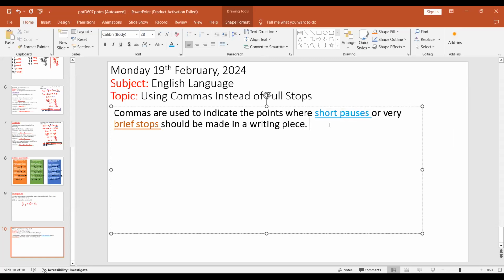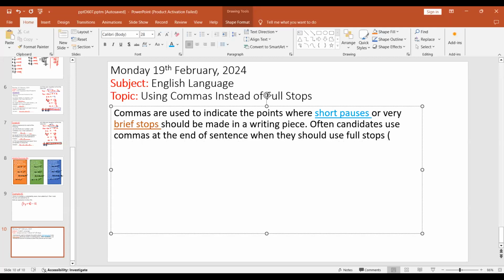Now, a period indicates the closing of an idea, right? Like you're shutting it all down. So often, candidates use commas at the end of sentences when they should use full stops or periods.